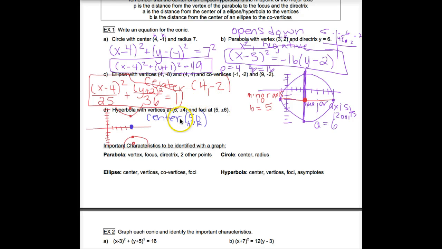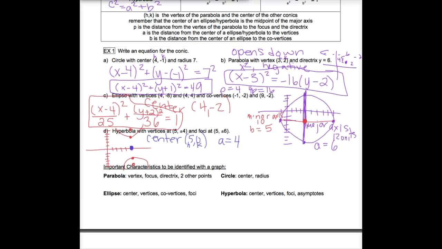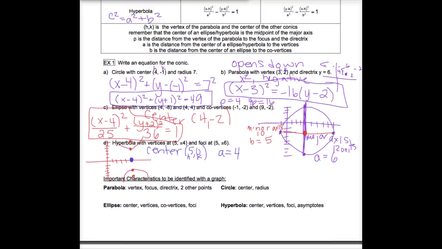So when I look, here's my center, here's my vertices, so that means that a has to be 4 because each of my vertices is 4 units away from my center. So A is 4. C is the distance from my center to my focus. So I know that C has to be 6.